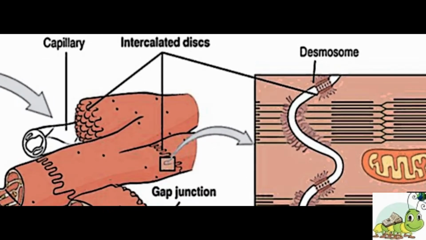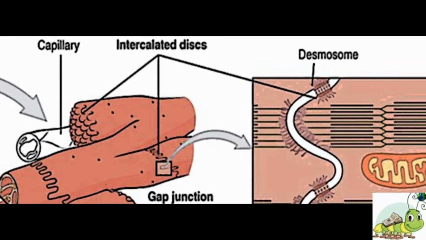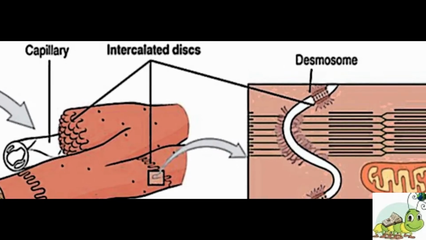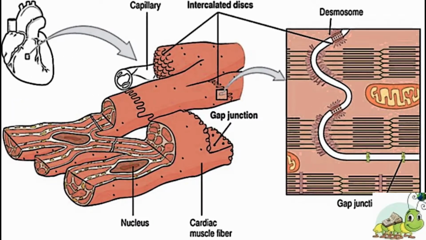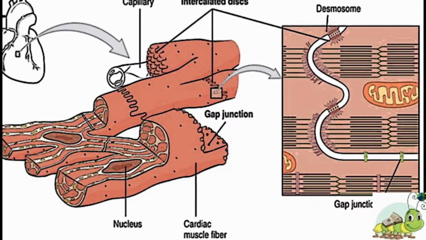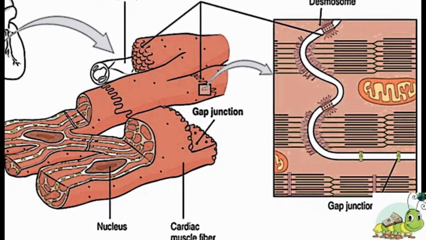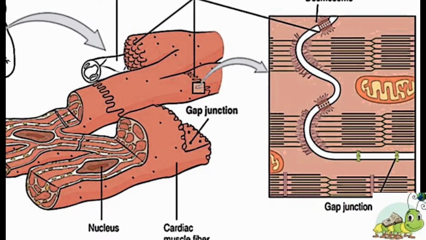The desmosomes are present at points near the intercalated disc in between the adjacent fibers. Then, what are the electrical connections? The electrical connections between the myocytes are formed by gap junctions.